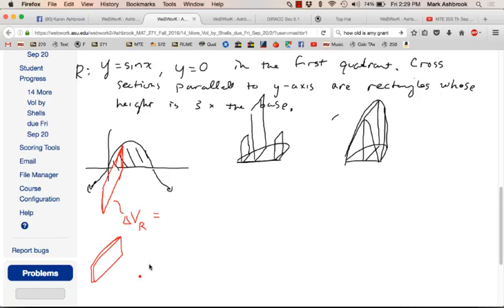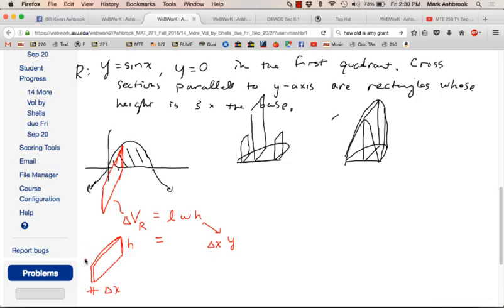It's just length times width times height. What is the height? It's just the y-coordinate of the graph, so h is just y. What's the width? That's this little dimension here, delta x, piece of cake.